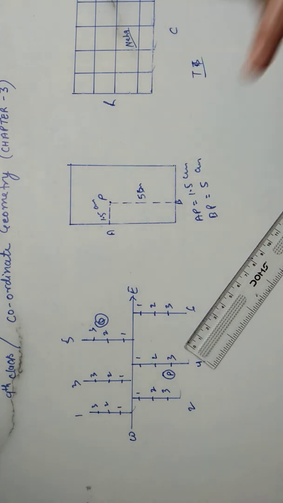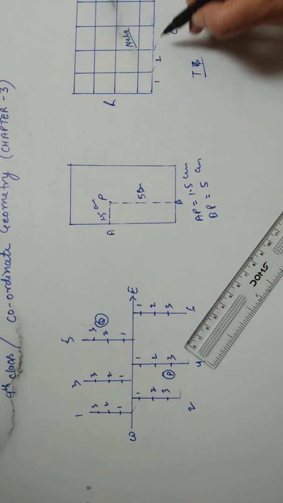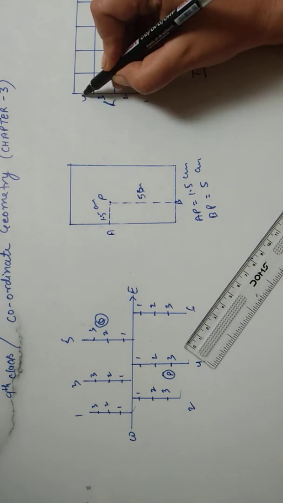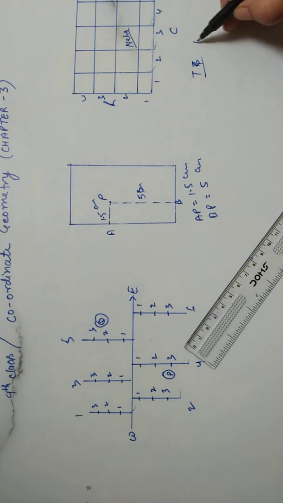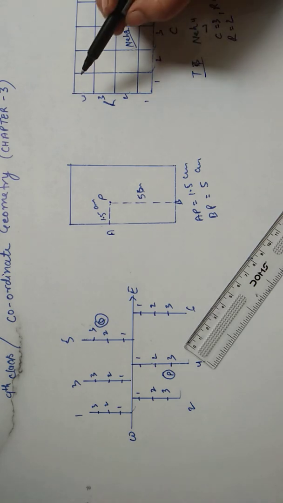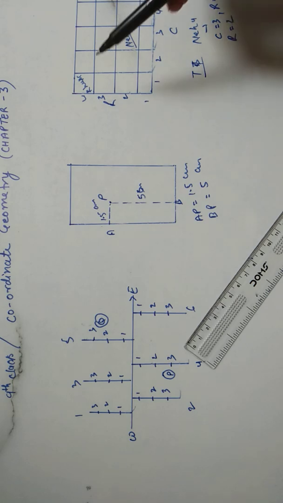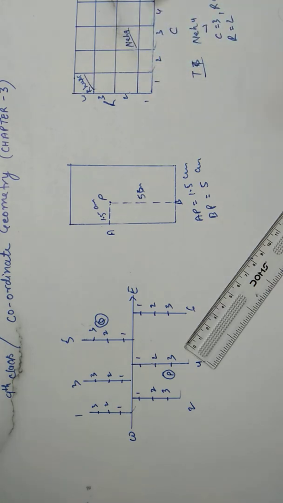These are the columns, these are the rows. I will number them 1, 2, 3, 4, and then 1, 2, 3, 4. If you want to locate the position of Neha, you say the column number is 3 and the row number is 2. One more example: a student Khushi is there and you want to locate her position.